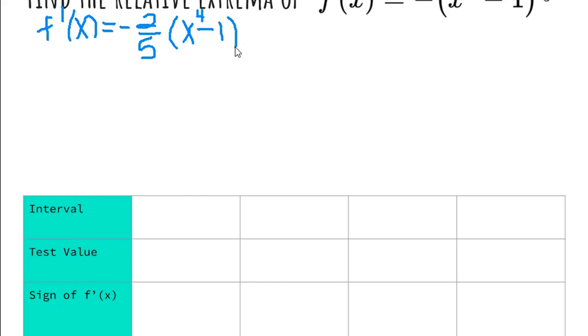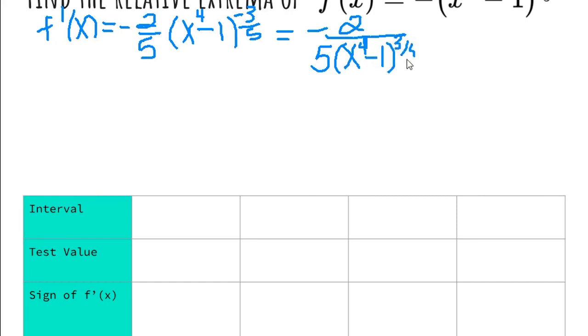So 2/5 minus 1 is negative 3/5. So I'm going to rewrite this. That negative exponent is going to go in the denominator. So that's x to the 4th minus 1 to the 3/5. So this can never equal 0. There's no variable in the numerator, so this can never equal 0.